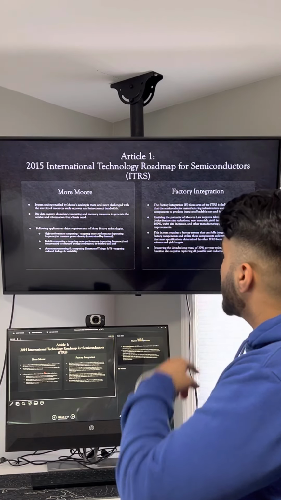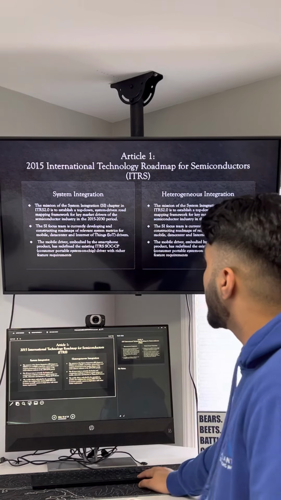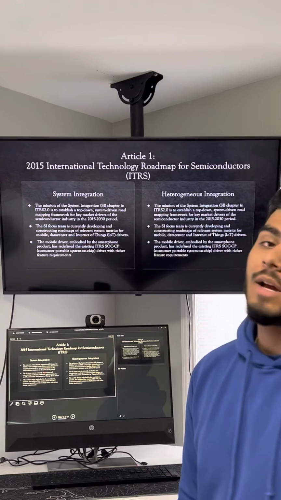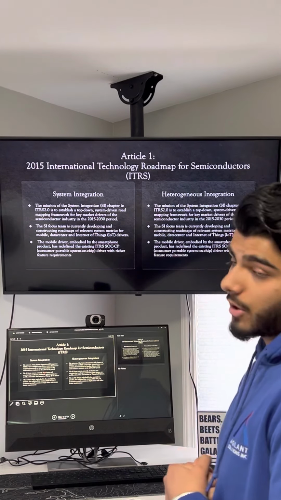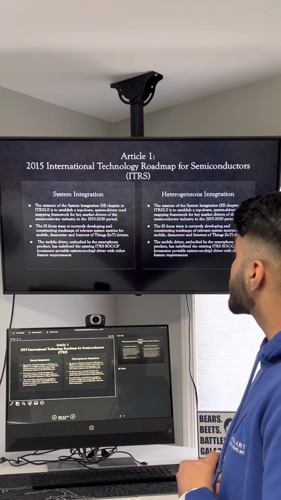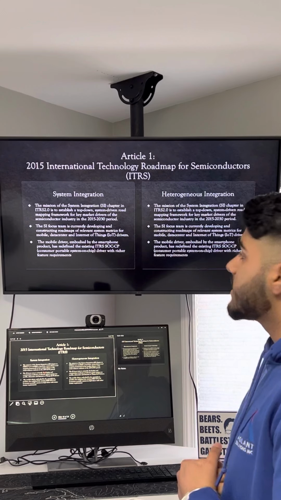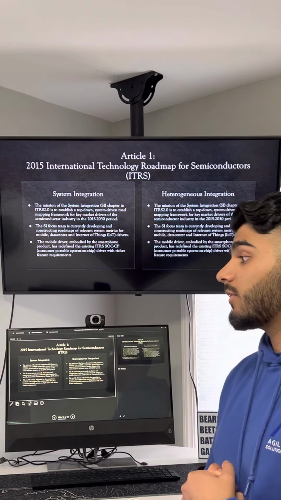Okay, yeah, that's what we're going to be talking about in this specific topic in semiconductors. So, Article 1, 2015 International Technology Roadmap for Semiconductors. That's the title of this article.